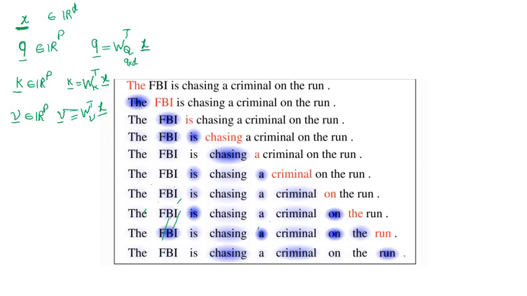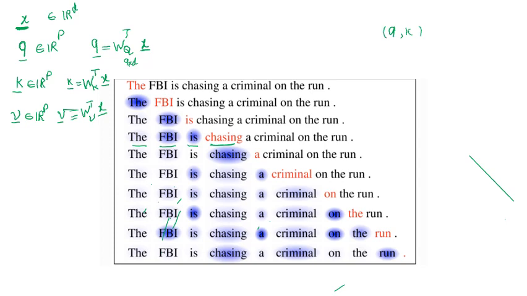And self-attention means: look at chasing as query, and compute the similarity of chasing as a query with all of these words when you look at these words as keys. Compute the similarity between this query and all of the keys.